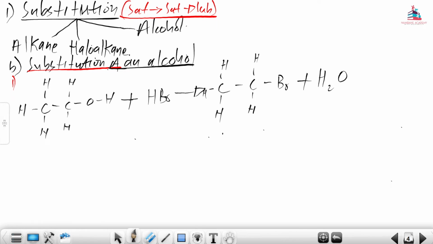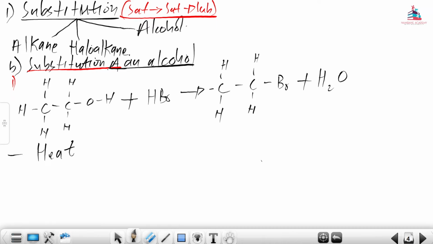So for this to take place, we just need heat. Now one will ask, but if we just need heat, we also need heat for a reaction of, or substitution of, haloalkane.